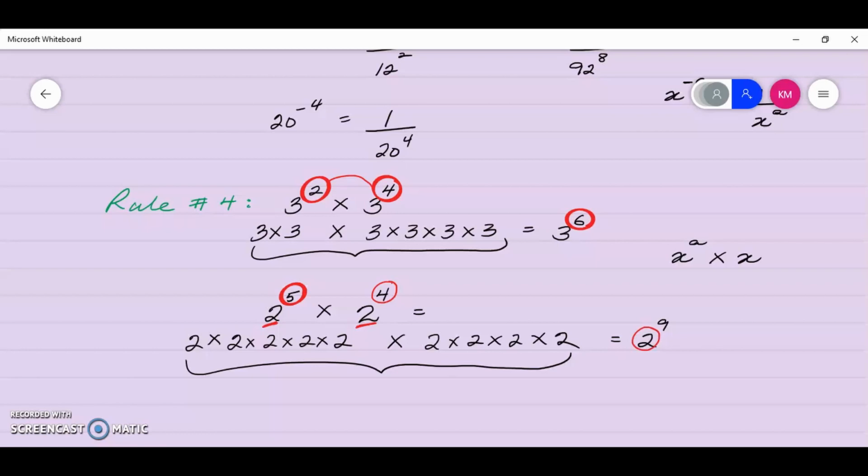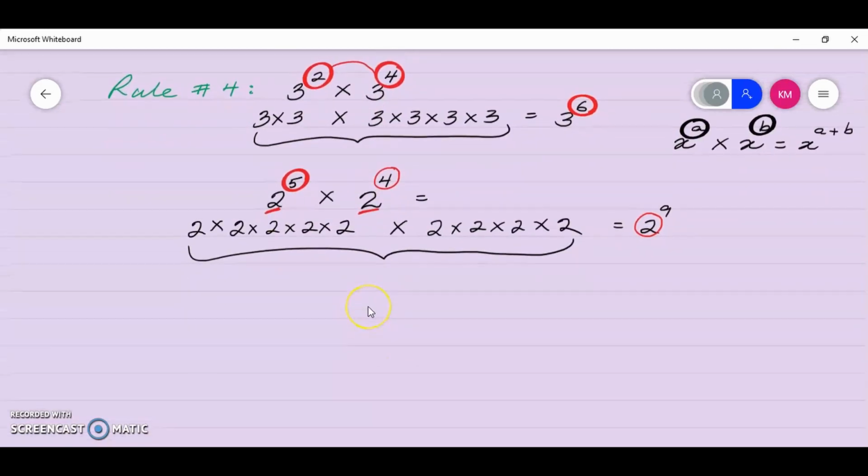So we need to have the same base in order for this rule to apply. So we are writing x to the power a multiplied by x to the power b to give us x to the power a plus b, because that is what we have to do. We have to add our powers to arrive at our answer. So x to the power a multiplied by x to the power b gives x to the power a plus b.